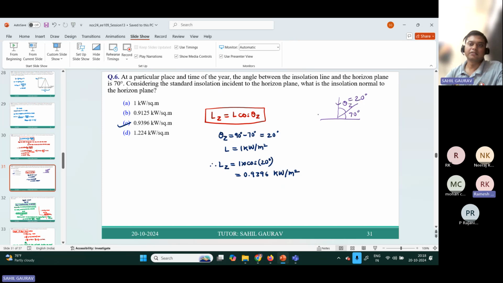So 70 degree, the normal will be this value, and this declination angle, na? 70 degree angle is declination angle. For declination angle, let me see.